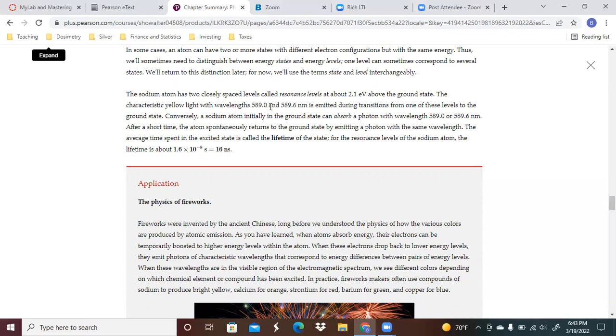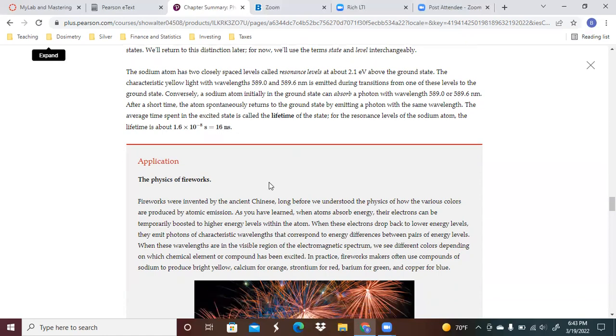Characteristic yellow light with these wavelengths is emitted during transitions from one of these levels to the ground state. And conversely, a sodium atom initially in the ground state can absorb a photon with a wavelength of these lengths. After a short time, the atom spontaneously returns to the ground state by emitting a photon in the same way. The average time spent in the excited state is called the lifetime of the state. For the resonance levels, the lifetime is 16 nanoseconds. That's pretty short.